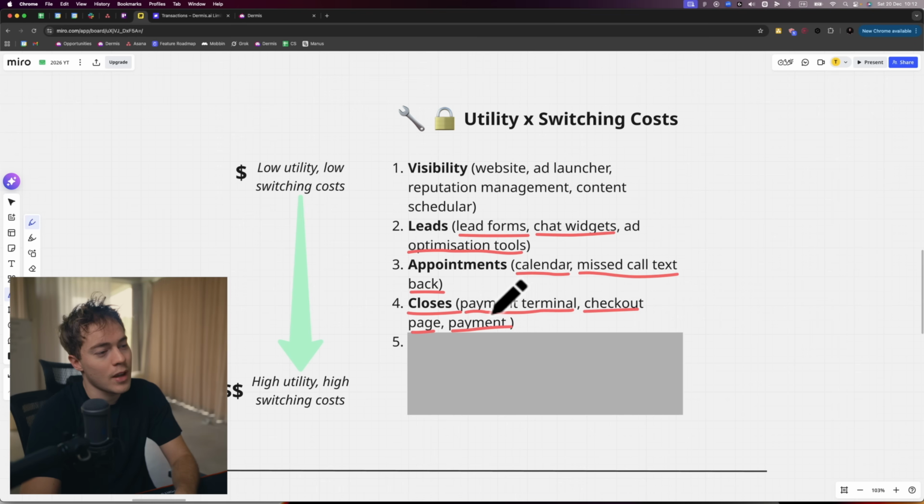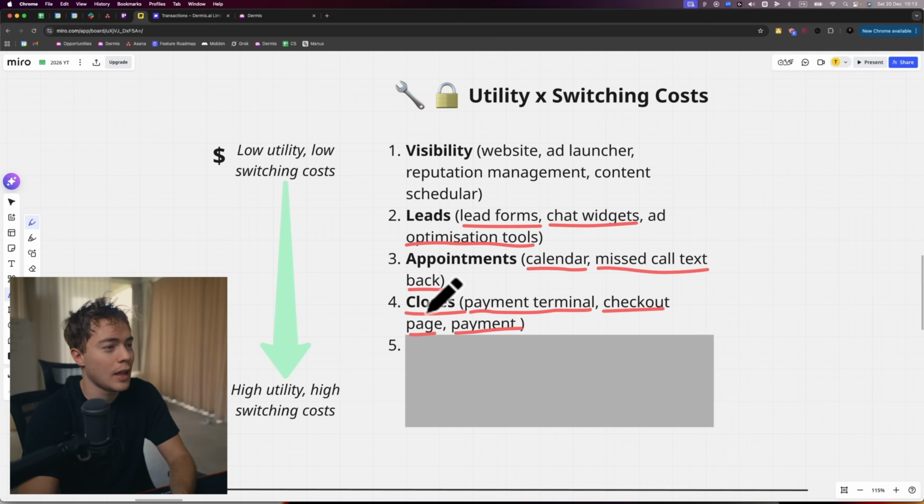You think of restaurant softwares like Toast that provide literally the hardware and the software to make running the entire restaurant possible. Again, you just make more money because you have very high utility. You're literally the tool they use to get paid. And by default, you also have high switching costs, because why would they cancel from a software that is their payment gateway and that maybe has low fees?